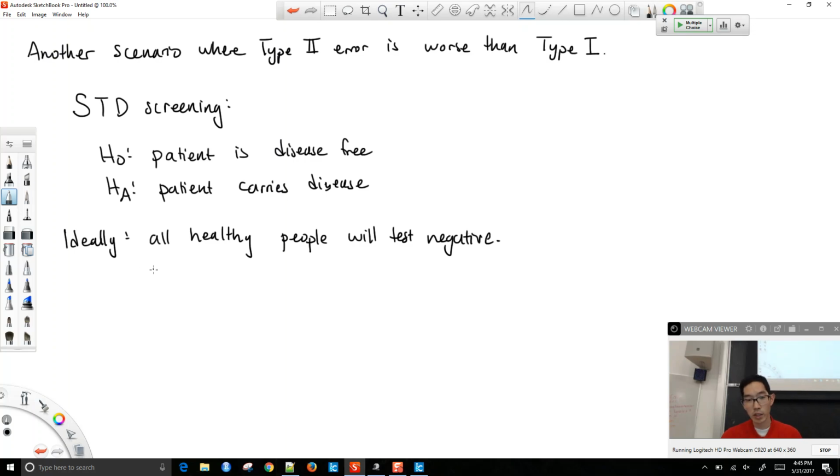Okay? And then all people with the disease will test positive. Okay? So the type 1 error is the false positive.